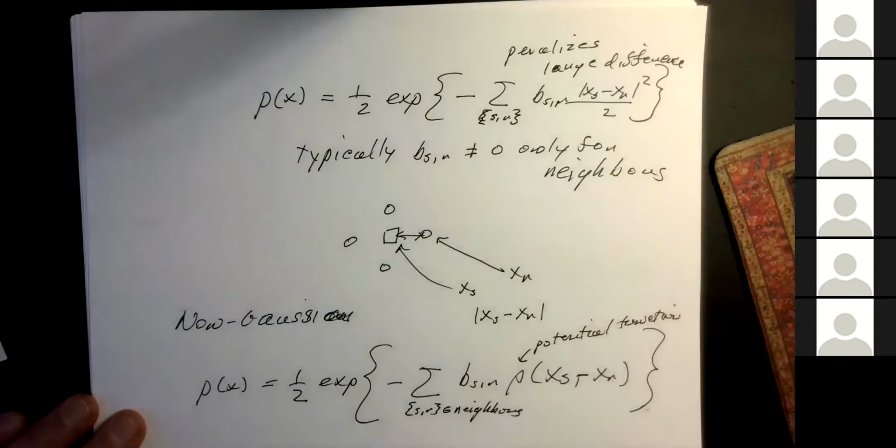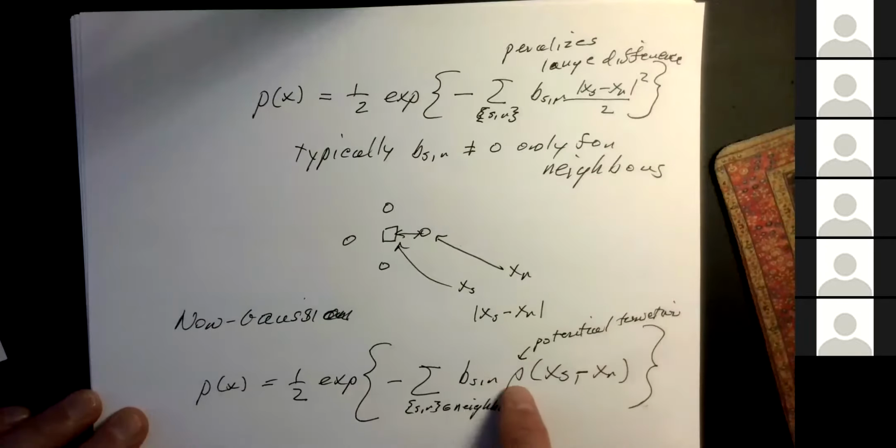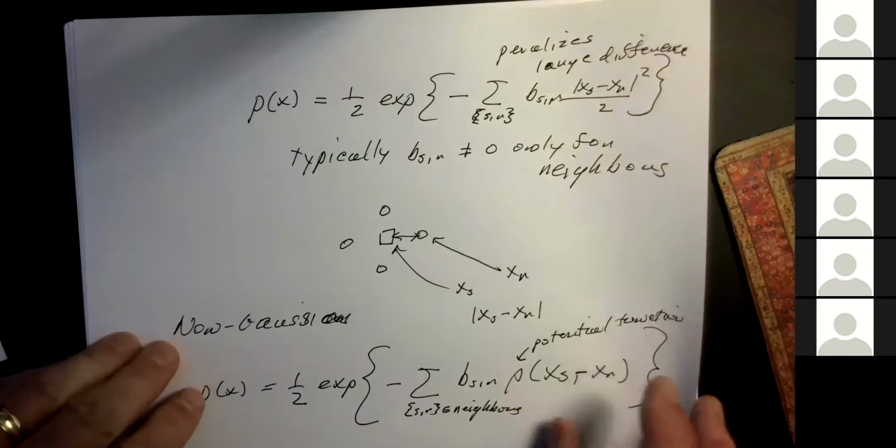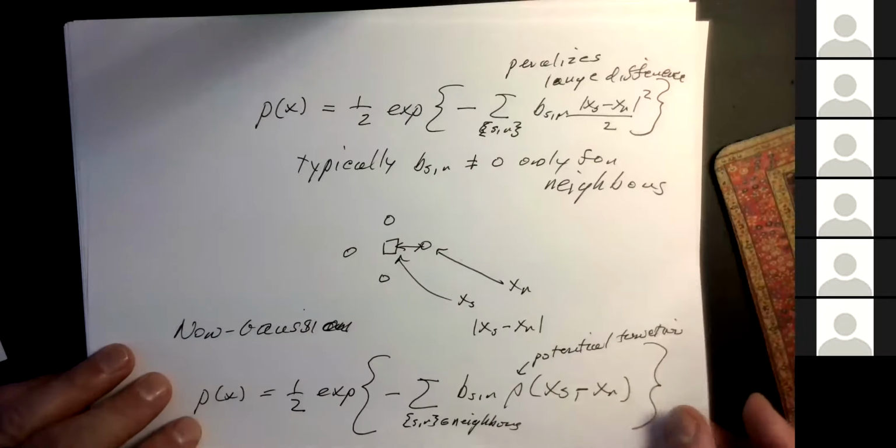The trick becomes picking a function rho which is good at preserving edges but also smoothing smooth regions. We'll talk about that next time in a lot more detail.